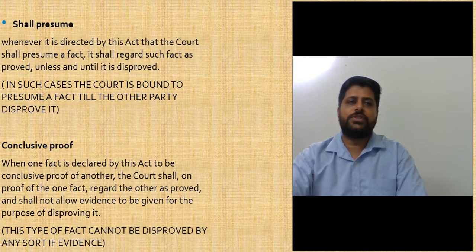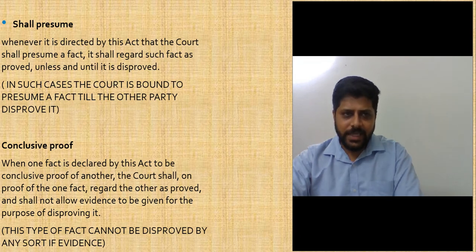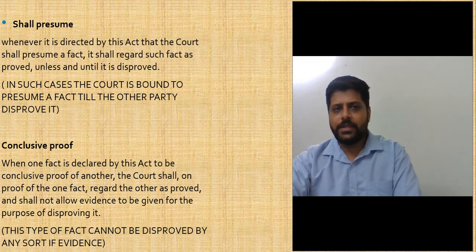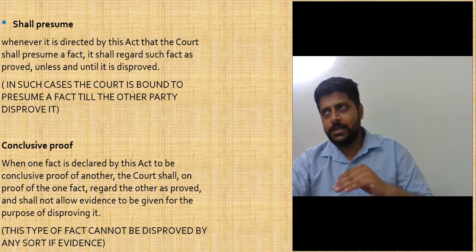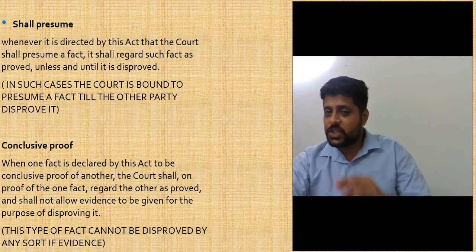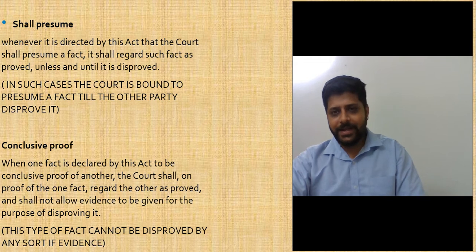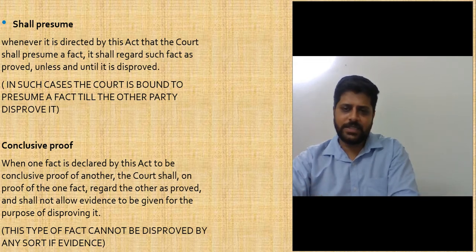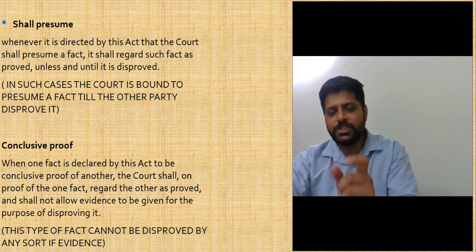Now moving further, you will see the definition of shall presume. It says that whenever it is directed by this Act that the court shall presume a fact, it shall regard such fact as proved unless it is disproved. Now see Section 113B, which talks about the presumption of dowry death. In that section, you will see the term shall presume, that the court shall presume.